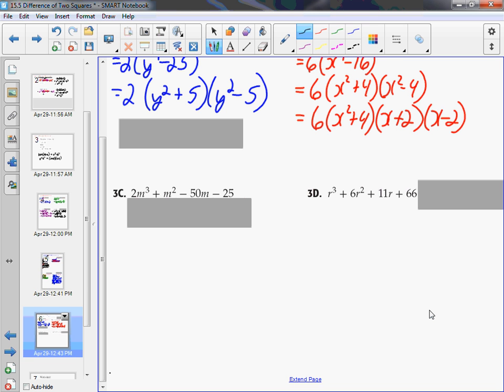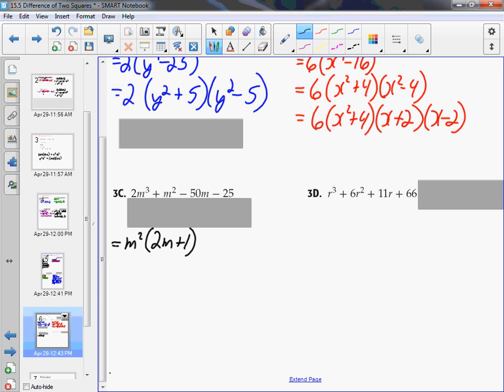So if I group the first two terms together, I can factor out a m squared. Good. So 2m cubed divided by m squared leaves us with 2m, and m squared divided by m squared equals 1. Then we group the last two terms together. Negative 50m minus 25. What can we factor out? 25.